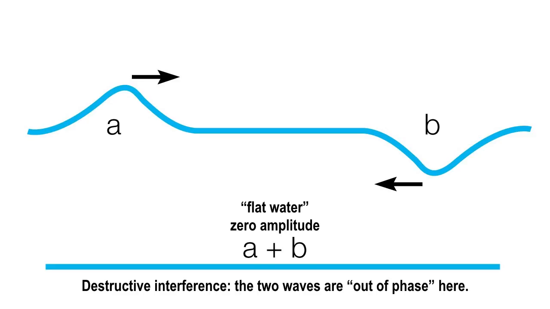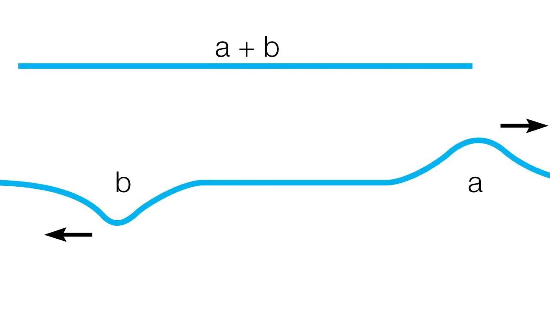But a second later, those two are moving off from each other. The trough from Nova Scotia is heading on down to West Africa, and the crest from West Africa just keeps heading on up to Nova Scotia.